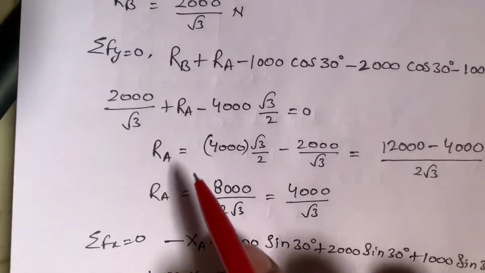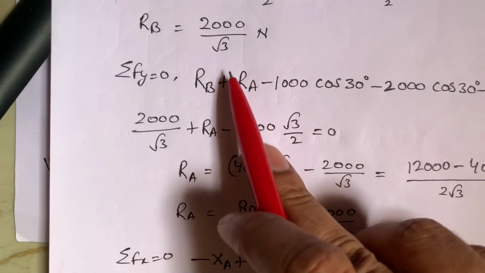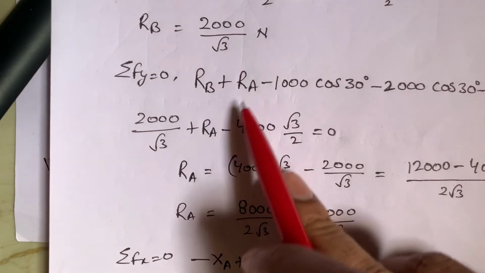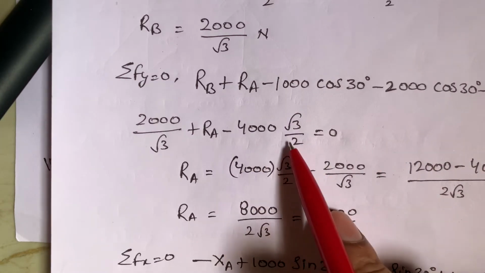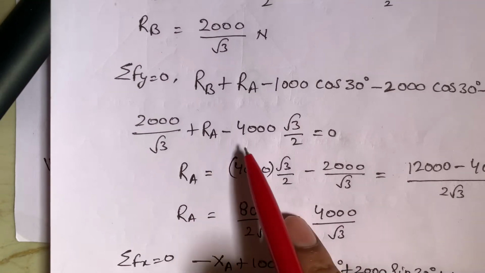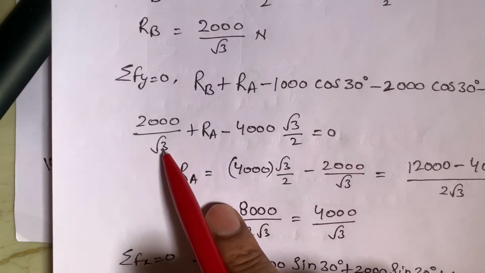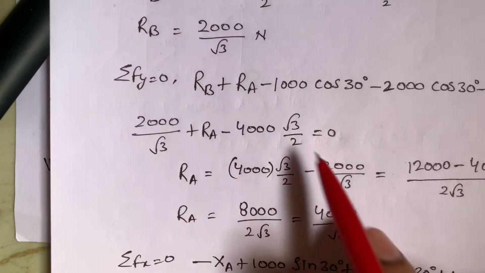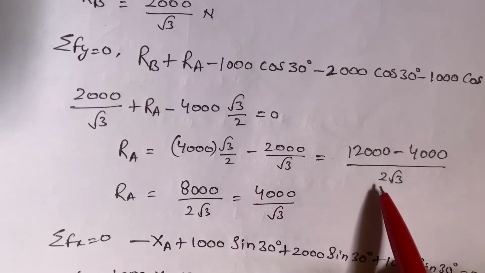After solving this, you know that the RB value is 2000 by root 3 plus RA, this one is RA. After adding all this, I got 4000 root 3 by 2, that equals 0. I am sending this minus 4000 root 3 by 2 to this side, and this plus 2000 by root 3 to this side. After taking the LCM, this is 2 root 3.